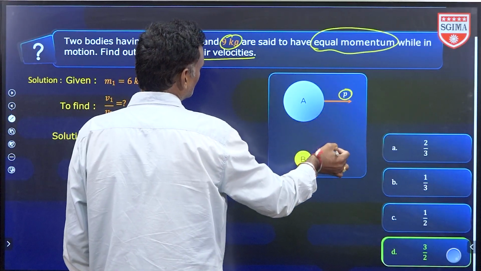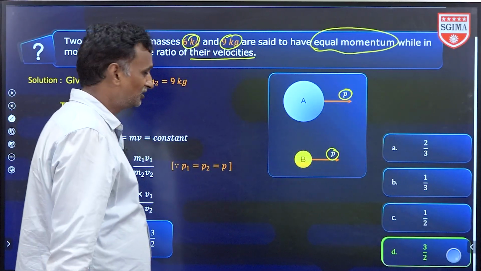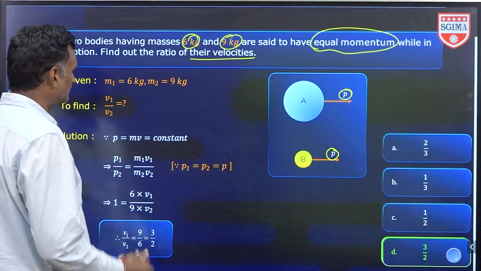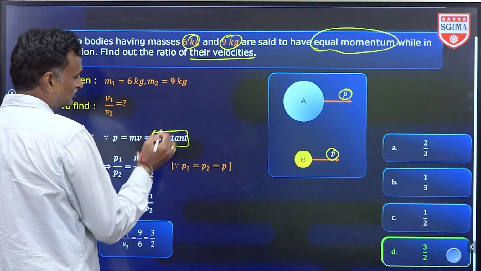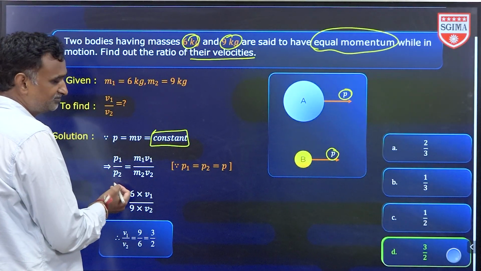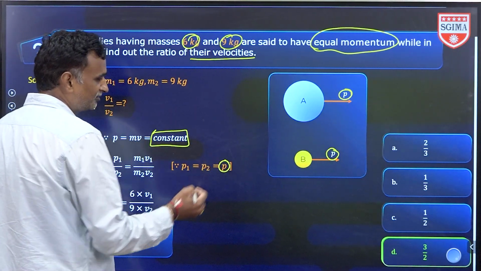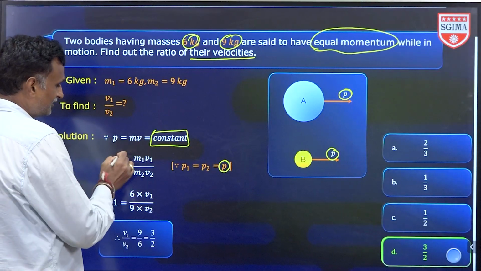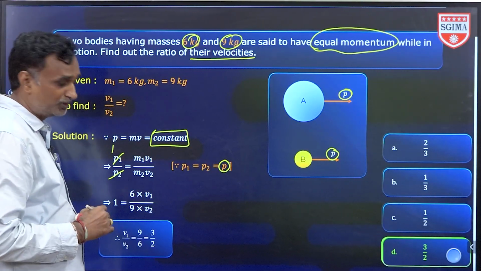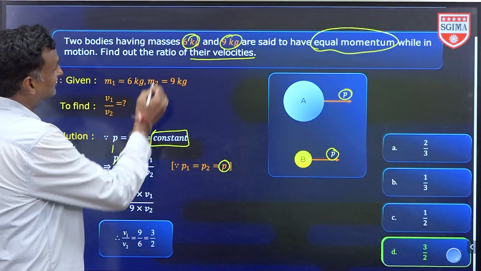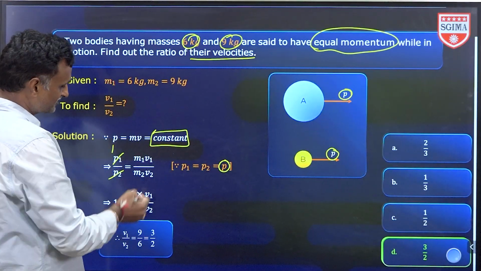The momentum of both particles is the same, so P equals constant. So we can take P1 by P2 equals M1 V1 by M2 V2. But they gave P1 equal to P2 equal to P, so it cancels and comes to 1. And the mass of the first is 6 kg, the mass of the second is 9.